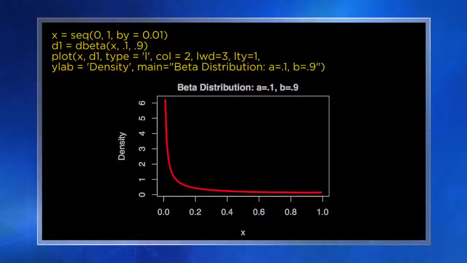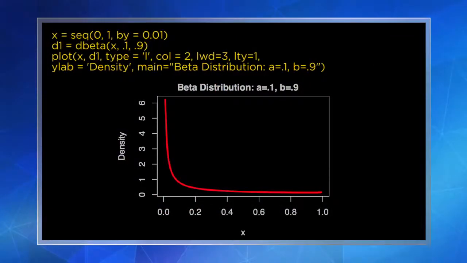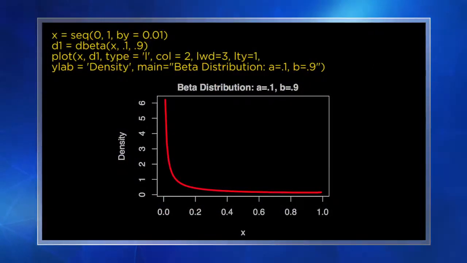Now, what's important to remember is that the shape of the distribution is describing our prior belief about a probability. So if I wanted to place a prior distribution on the probability of, say, a mechanical part failure, I might use a beta prior of a equals 0.1 and b equals 0.9, since the shape of that distribution, as you see here, has the highest probability close to 0, and it quickly tails off.